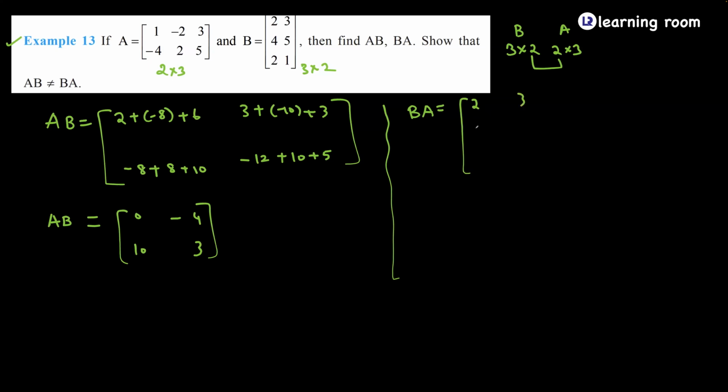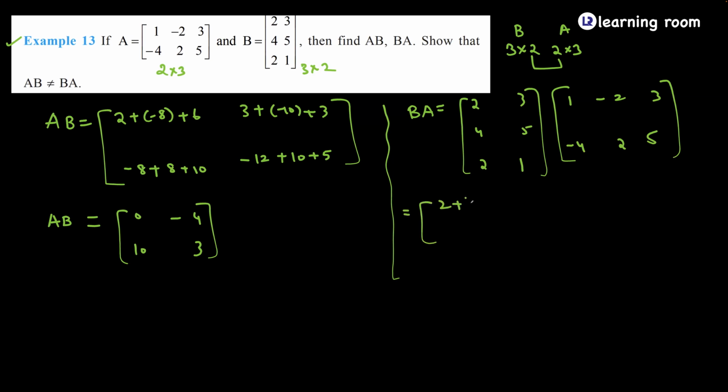It will be [2 3; 4 5; 2 1] and you will have [1 -2 3; -4 2 5]. So take the rows, multiply it with the corresponding elements in the column. So 2 into 1, 2 plus minus 12. So minus 4 plus 6. 6 plus 15. 4 minus 20.